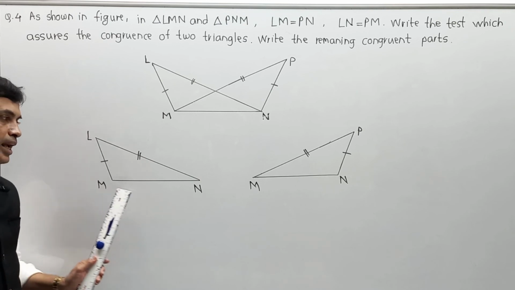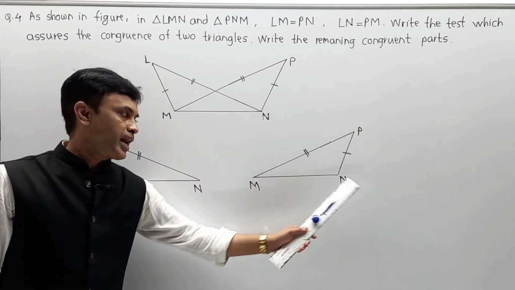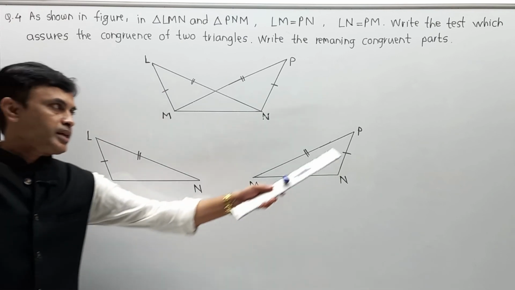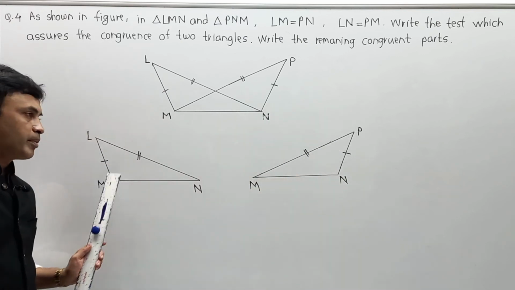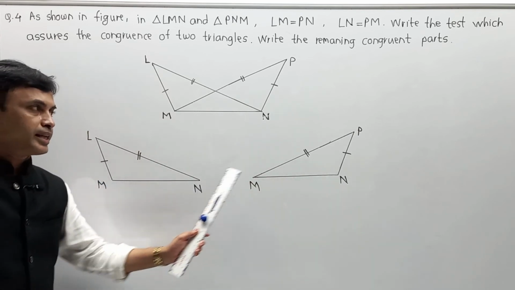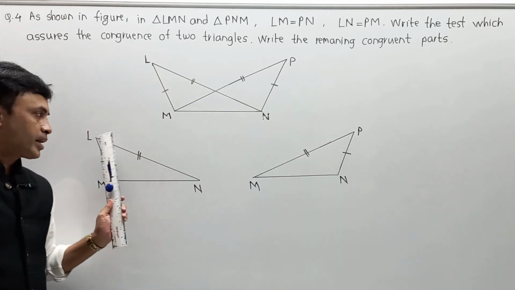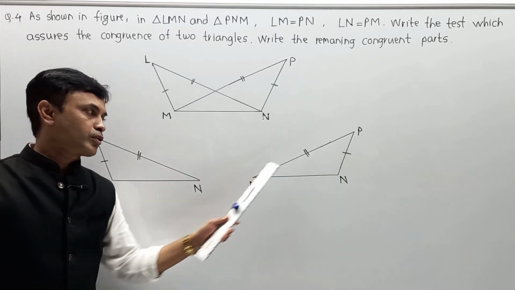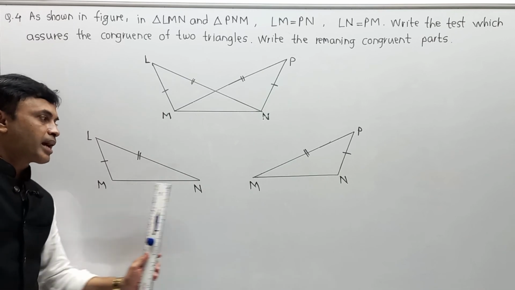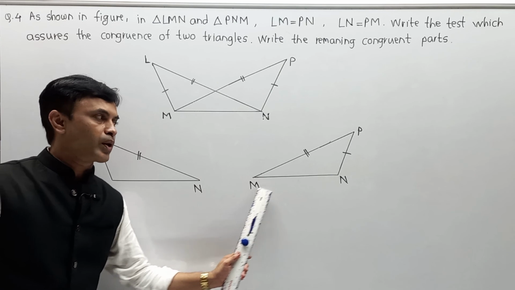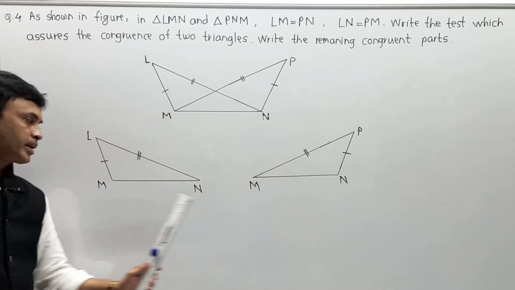In triangle LMN and PNM, first LM is congruent to PN because they have given. Second, LN is congruent to PM, double mark. And side MN must be congruent to NM, because you can call it MN or NM.